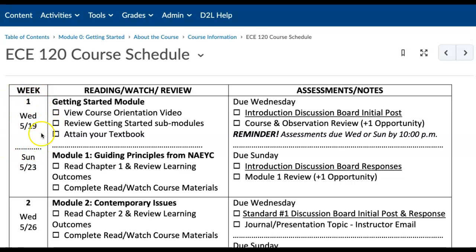You can see week 1 includes the Wednesday due date as well as the Sunday due date, and the dotted line is an indicator of the expectations: above the dotted line by Wednesday and below the dotted line by Sunday. This will again support your time management and also support the assessments that are due.